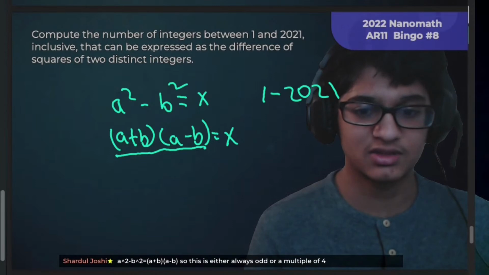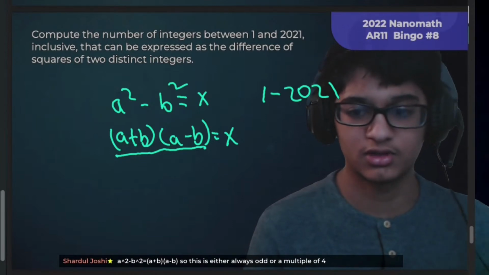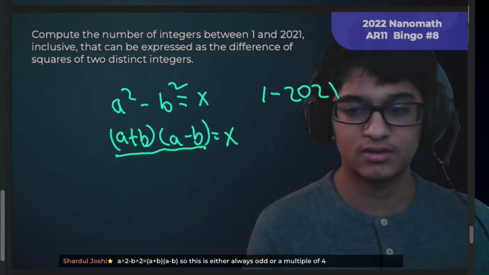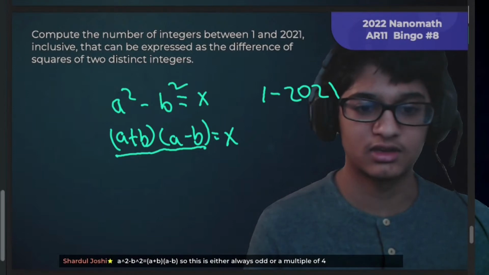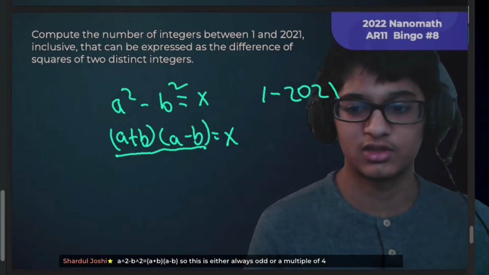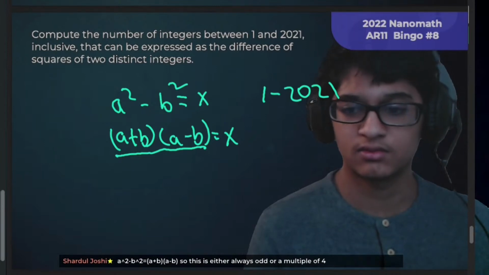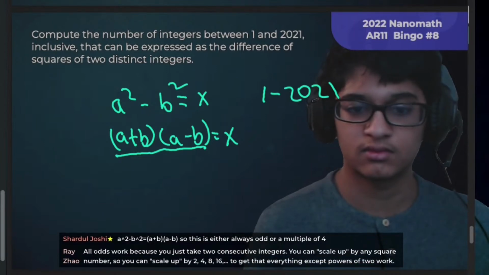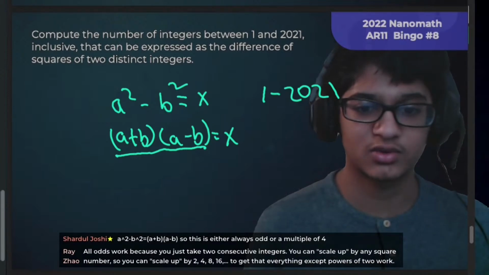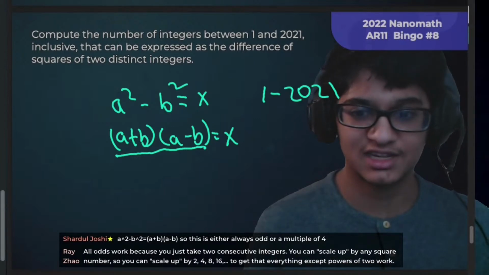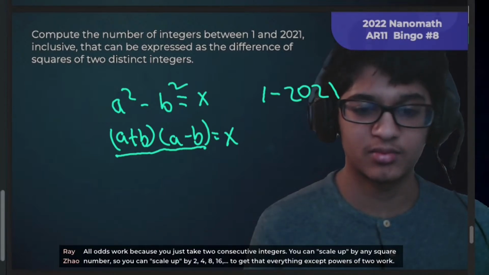So I see this is either always odd or a multiple of 4. Do you want to unmute and explain what you mean? All odds work because you can just take 2 consecutive integers and scale up by any square number.